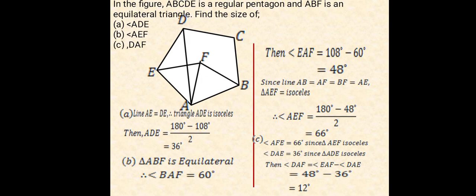Now let's find the last angle, DAF. Now angle AFE is 66 degrees, since triangle AEF is an isosceles triangle. Now angle DAE will be equal to 36 degrees since triangle ADE is an isosceles triangle.